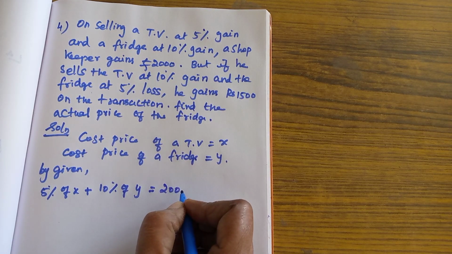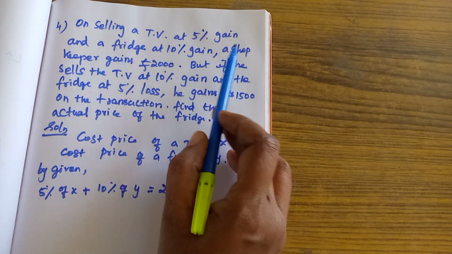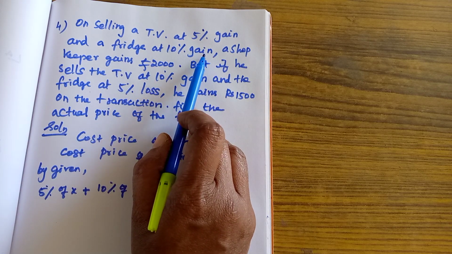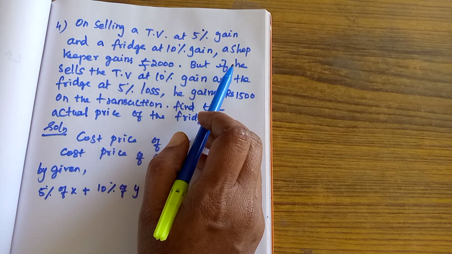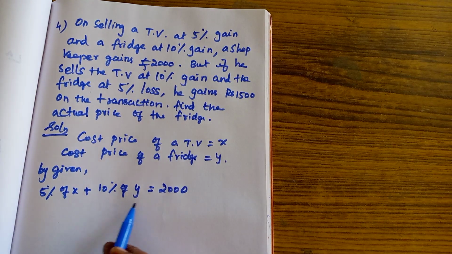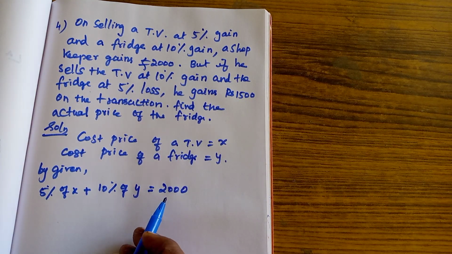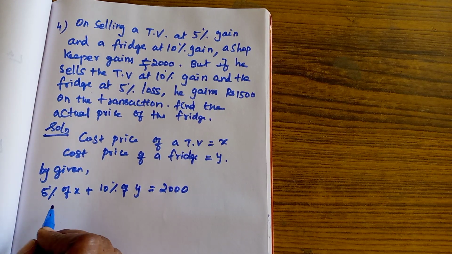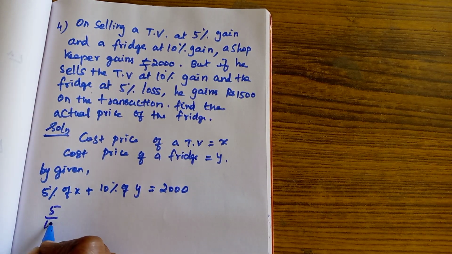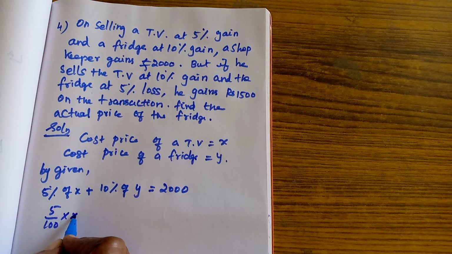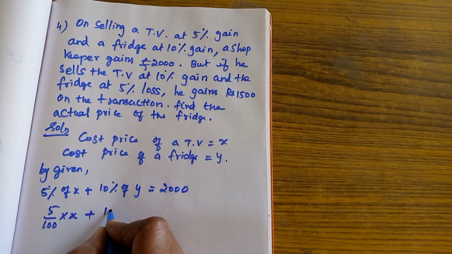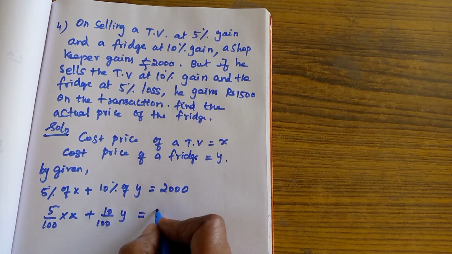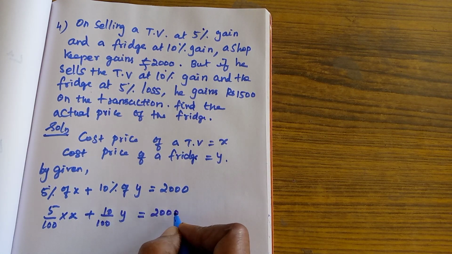First condition: 5% gain and 10% gain is rupees 2000. So 5% of x means 5 by 100 into x, plus 10% of y means 10 by 100 into y, is equal to 2000.